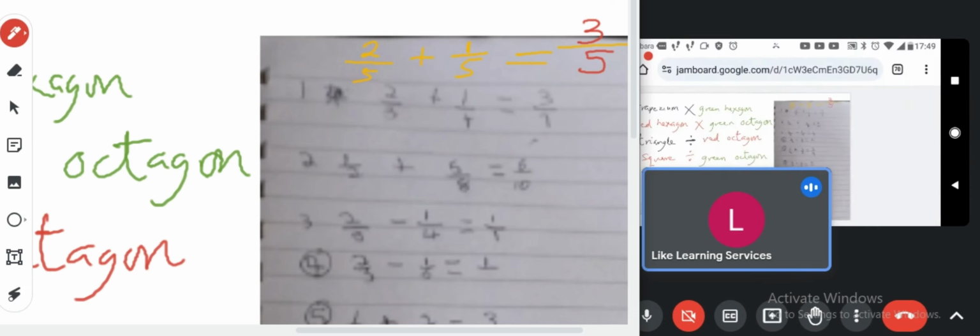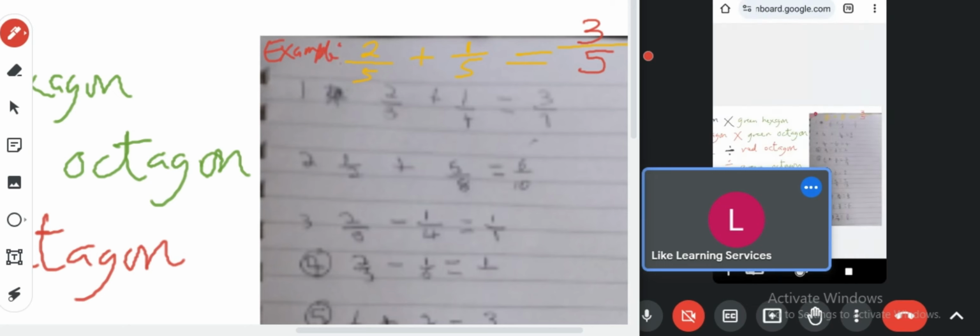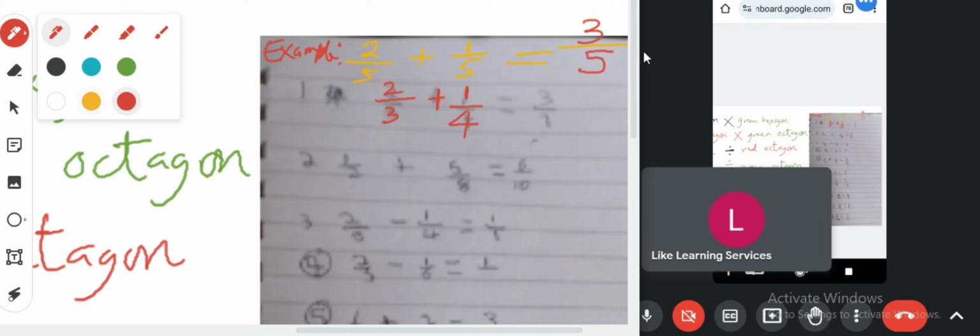So I can just call this one example. But what about if the denominators are not the same? Like this one you have here, 2 over 3 plus 1 over 4. Are the denominators the same? No. So what should we do?